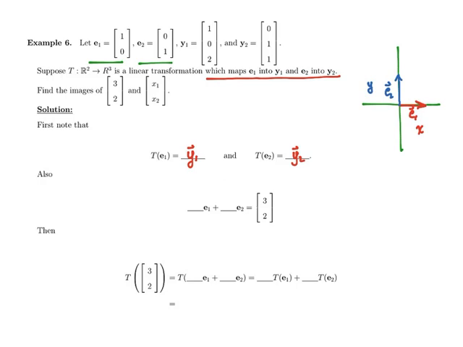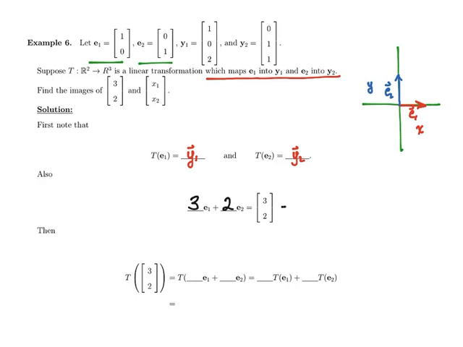But if we think about this 3, 2, E1 and E2 are building blocks of that 3, 2. We could write this as 3 E1 plus 2 E2. Any vector you can write as a linear combination of E1 and E2 as their building blocks.